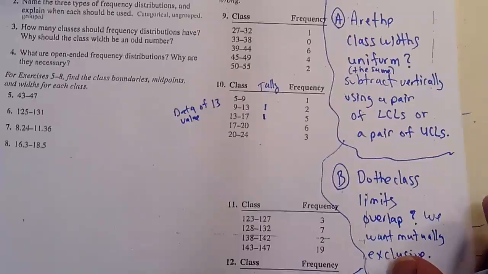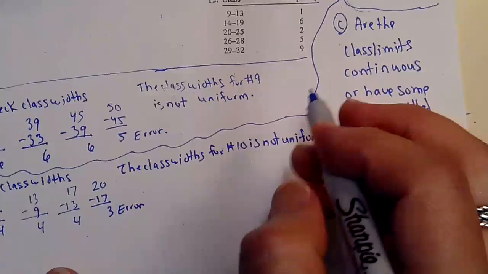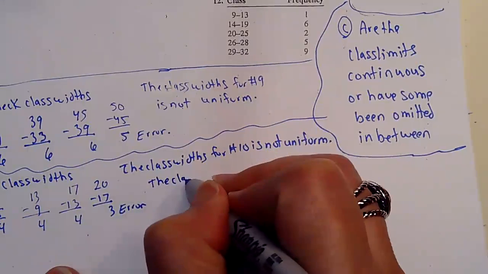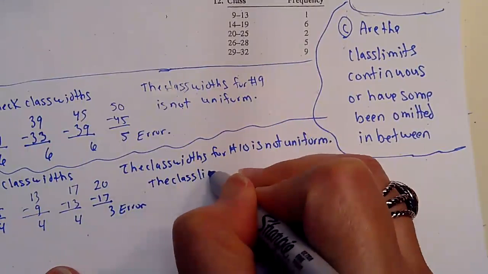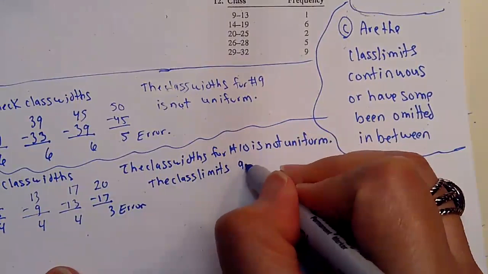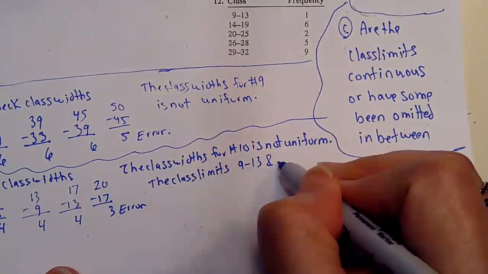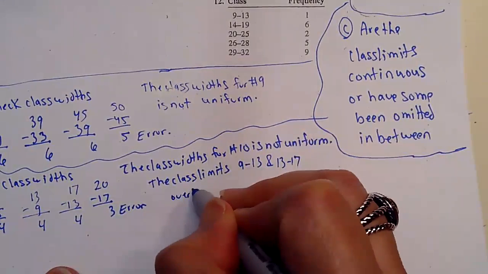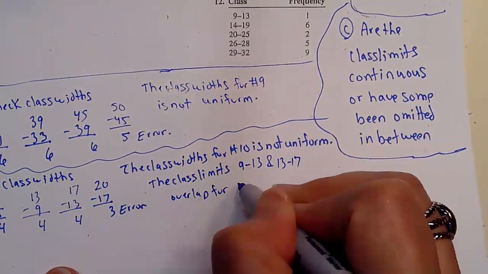So we're going to say here that the class limits 9 to 13 and 13 to 17 overlap for number 10.